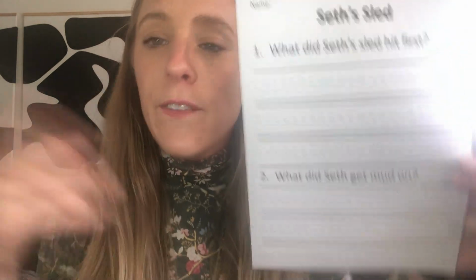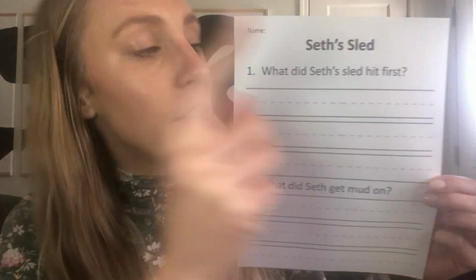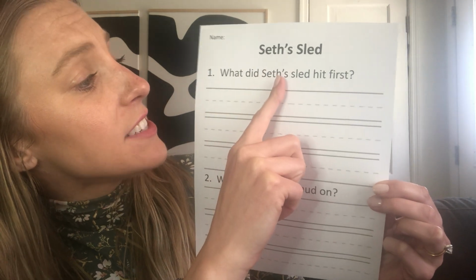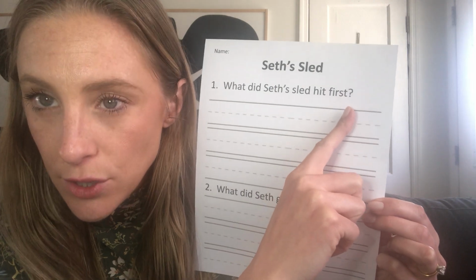All right, so the first thing we have to do is read the question. So question number 1 says, what did Seth's sled hit first? So in order to find that answer, we're going to have to go back into the story.